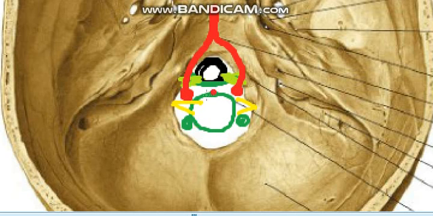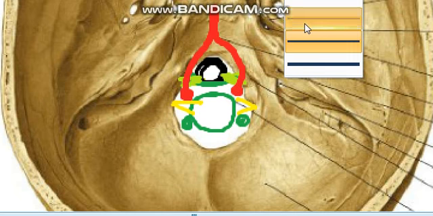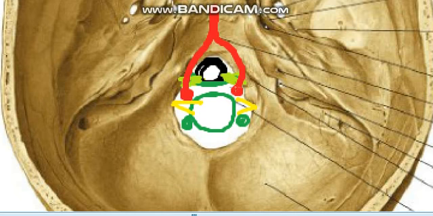Now when we consider the medulla oblongata passing through the foramen magnum, we also have to say that it is covered by its meninges, that is pia, arachnoid and dura mater. Not only that, from the vertebral artery you have both the posterior and the anterior spinal arteries.